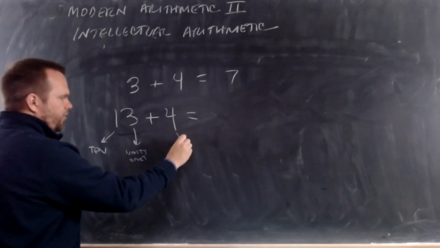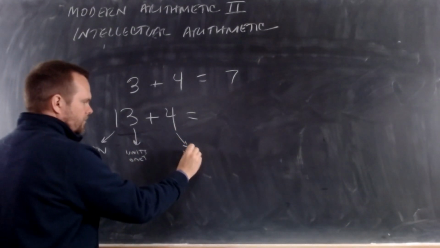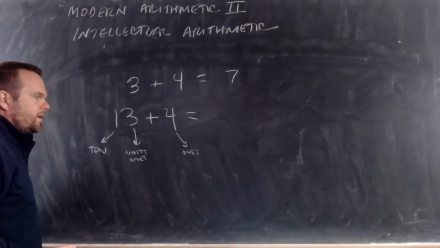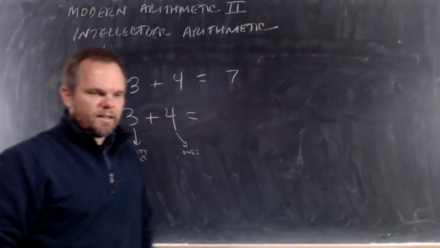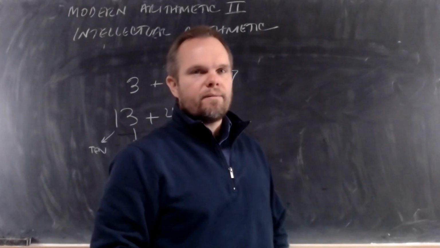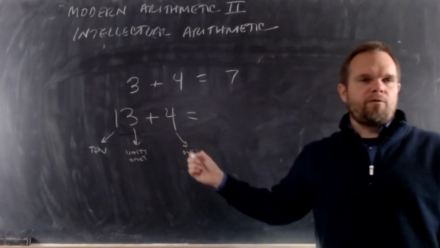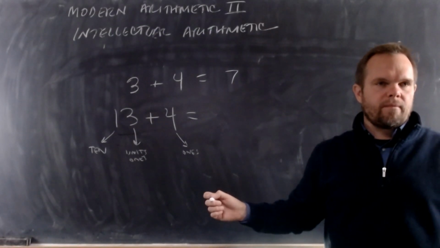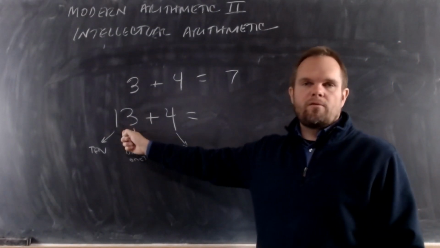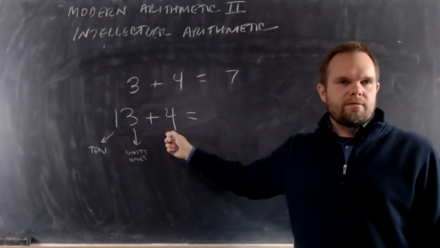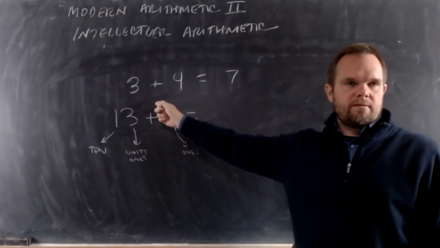Because this is 4 ones. Right? So if you have to add 13 and 4 in your head, you don't have to add 13 and 4 more. You just have to add 3 ones and 4 ones. And that's easy. Right?